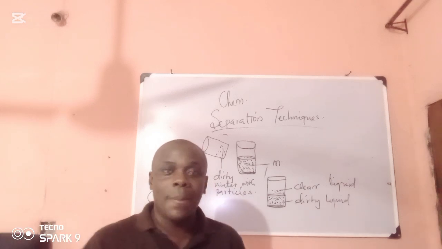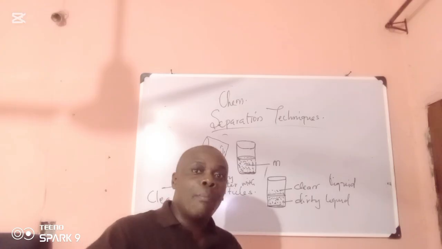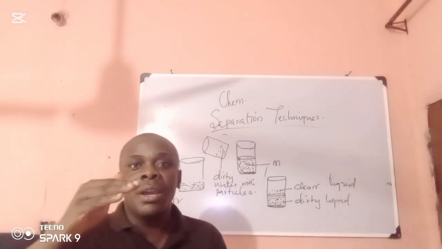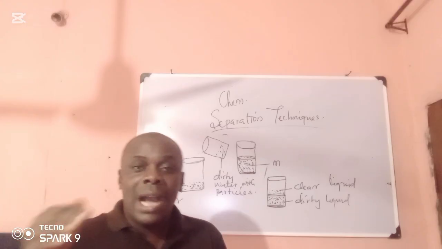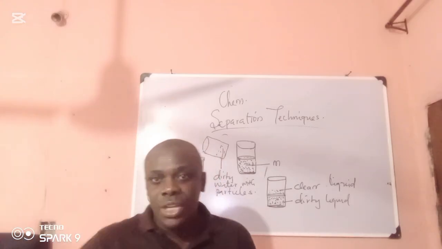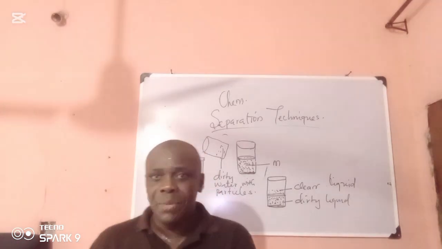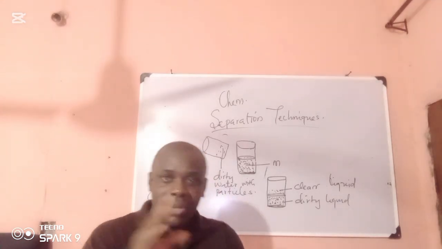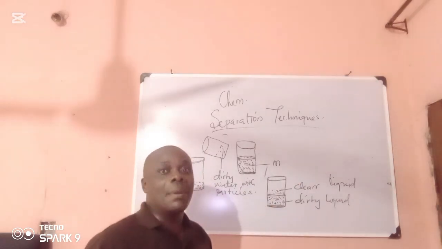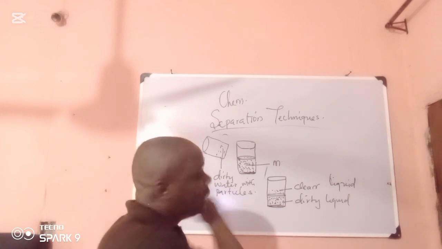Then you pour away the top part of it, which is the clean one, and turn it into another separate container or a beaker. At that moment, when you separate them, it is referred to as what? Decantation, because it has settled for a period of time before you can get the good part of it, which is the clean one, from the dirty one.